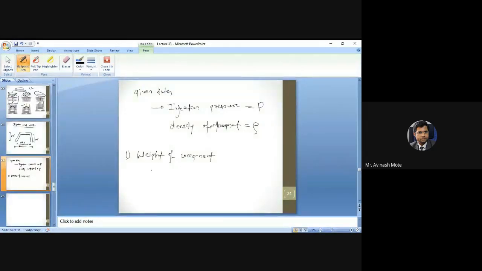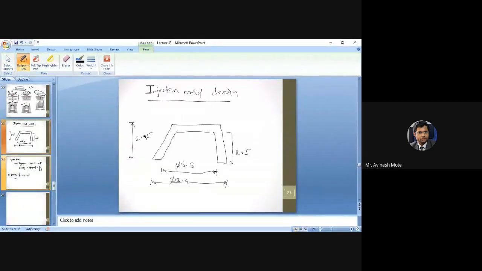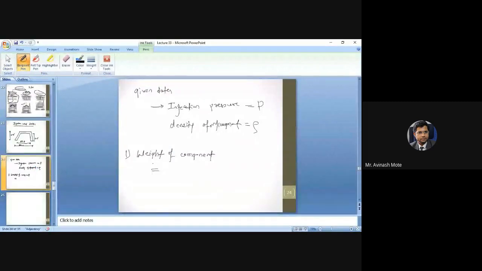So how will I calculate the weight of the component? It is simple. Obviously most of the products will have a cavity, so we need to consider that separately. Weight of the component is equal to outer volume minus inner volume, because at the inner there is a cavity, and this entire thing multiplied by density.